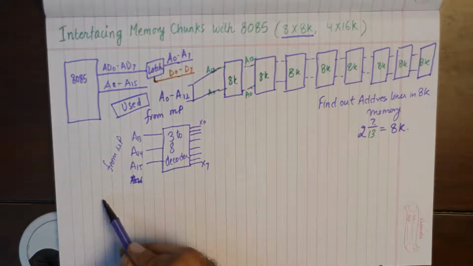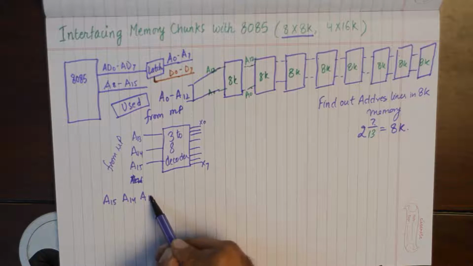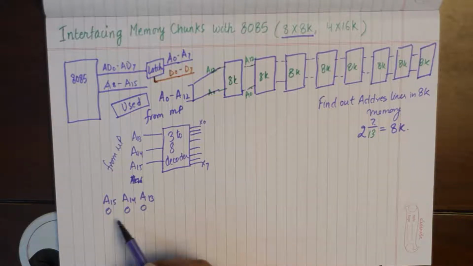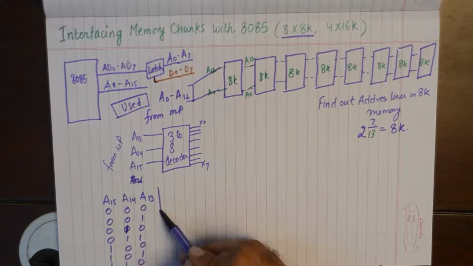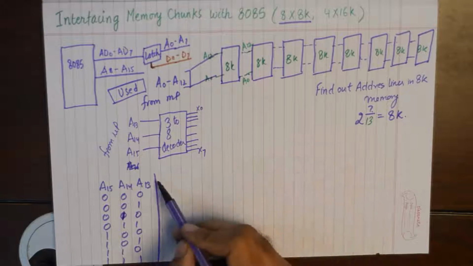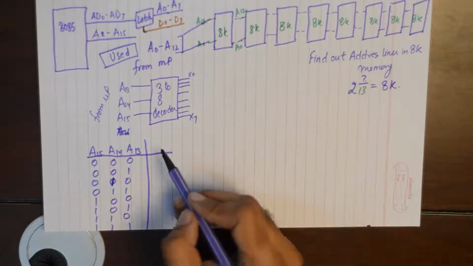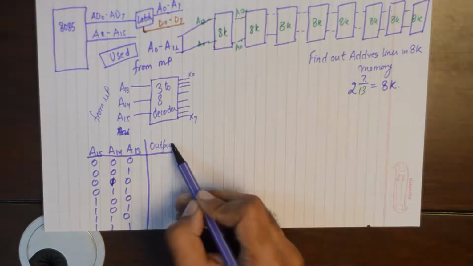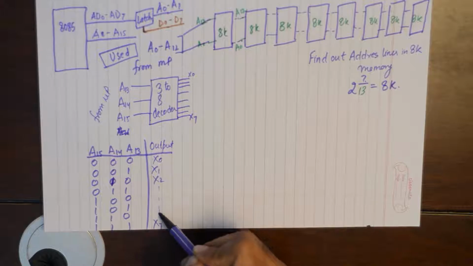Now if we draw a table of A15, A14 and A13 for all the possible 8 combinations, the output which is selected is X0, X1 till X7.